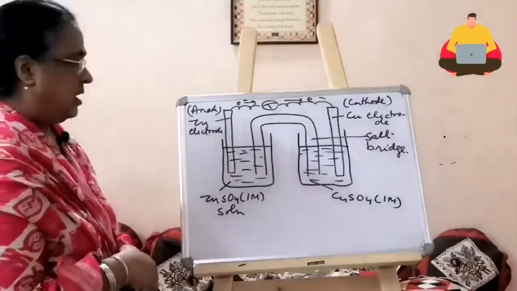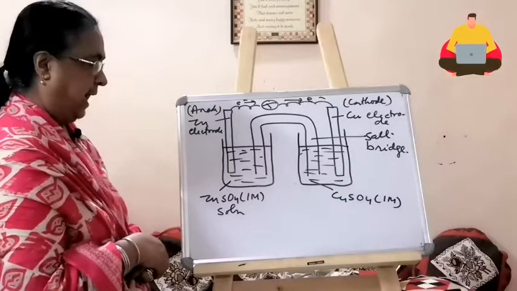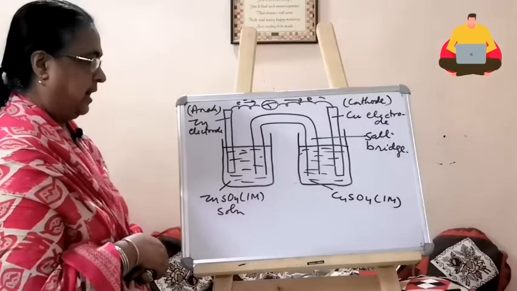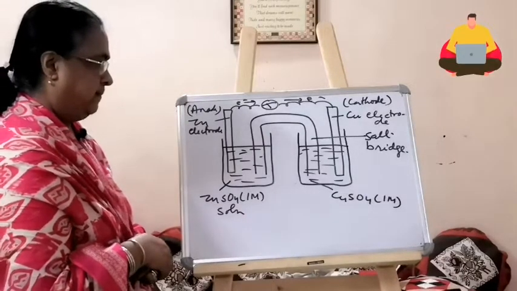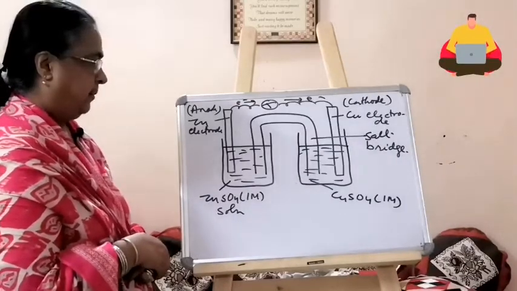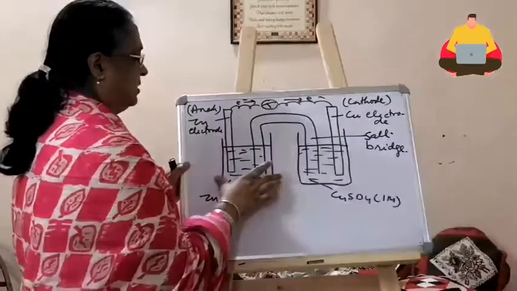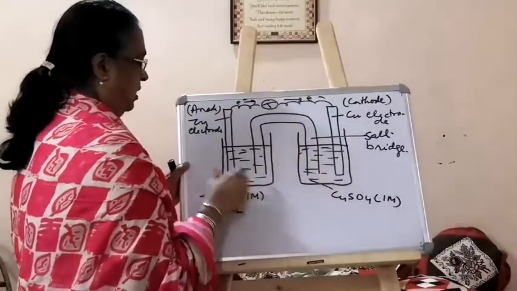And in the last class you have seen the electrochemical cell, the galvanic cell, in which chemical energy was converted into electrical energy. And as I explained last time, the device consists of two half cells.